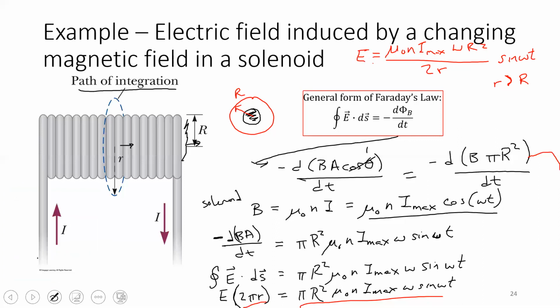So where our radius is less than the radius of the solenoid, this is the only area that is contributing to our flux. And so you're going to use a lowercase r in your flux equation here. And you are going to get a slightly different equation for the electric field inside the solenoid versus the electric field outside the solenoid.